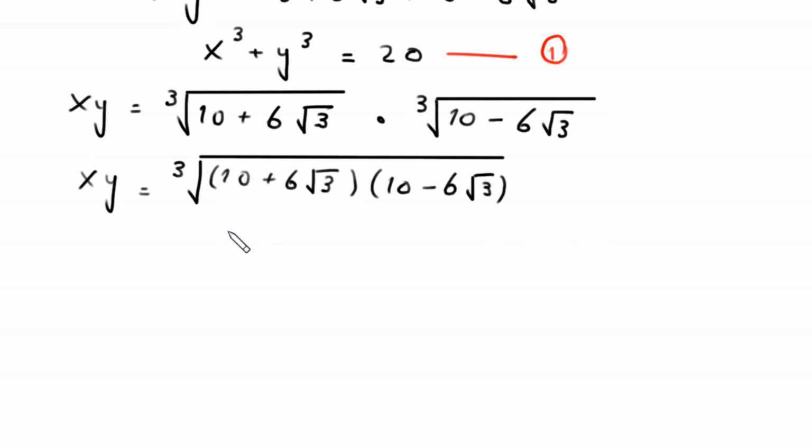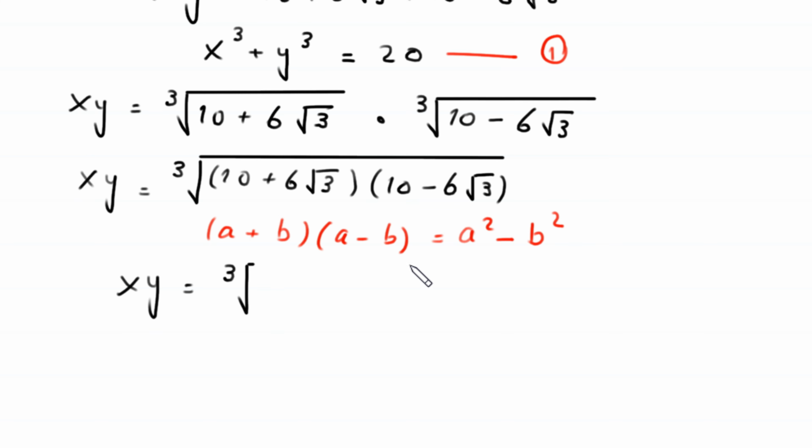By using this algebraic identity, a plus b times a minus b is equal to a squared minus b squared, this will become x times y is equal to cube root of 10 squared minus 6 times root 3 whole squared.